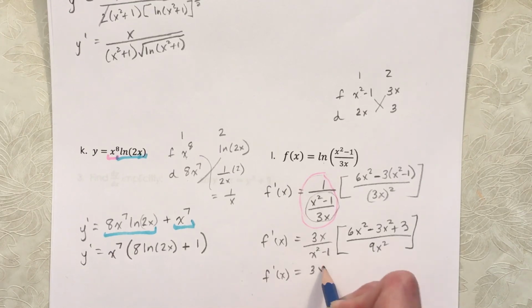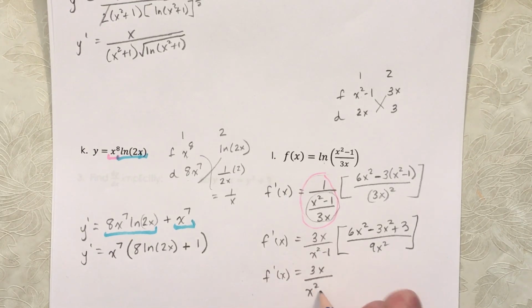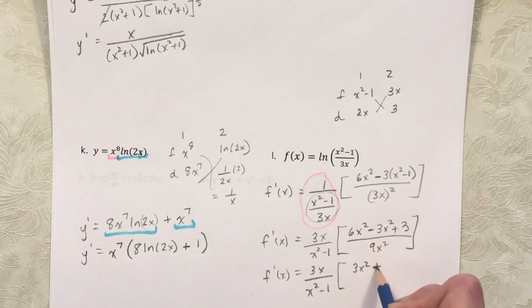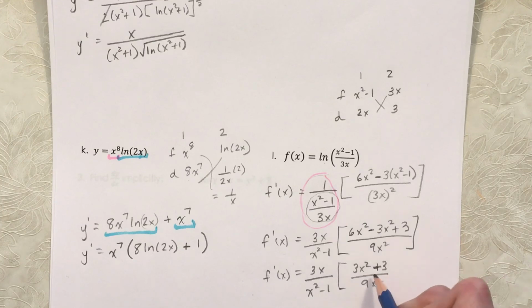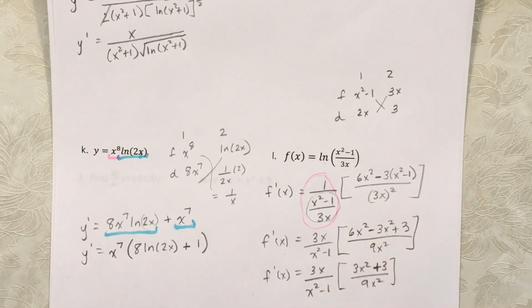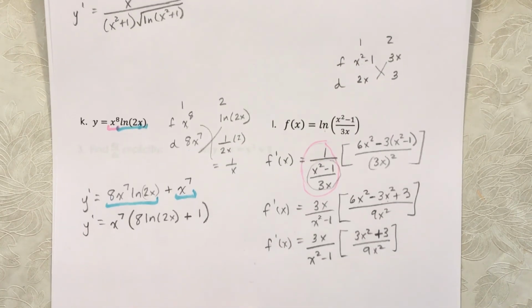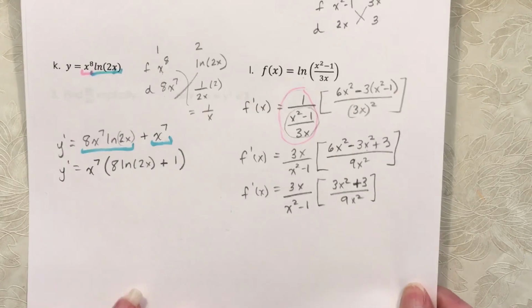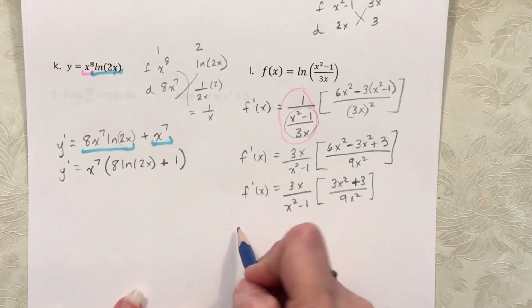So I have 3x over x squared minus 1 times 3x squared plus 3 over 9x squared. So 6x squared minus 3x squared is 3x squared plus 3 over 9x squared. We're trying to put it in simplified factored form.